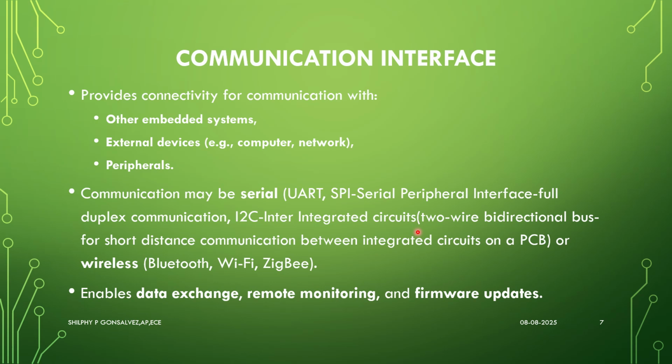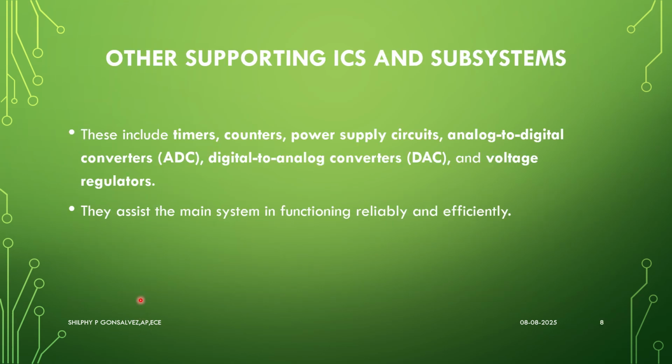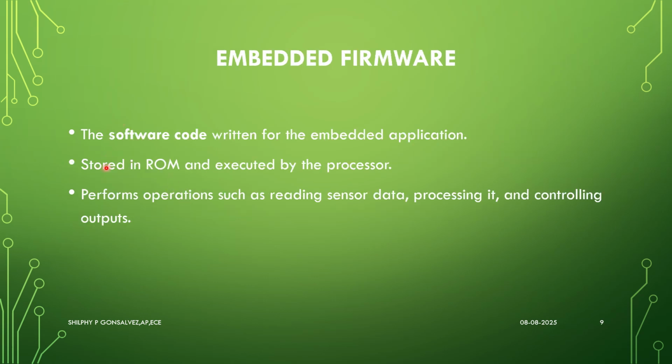There are also wireless technologies like Bluetooth, Wi-Fi, and Zigbee, which enable data exchange, remote monitoring, and firmware updates. In addition to this, there are other supporting ICs and subsystems, which include power supply circuits, ADC, DAC, and voltage regulators, which assist the main system in functioning reliably and efficiently.